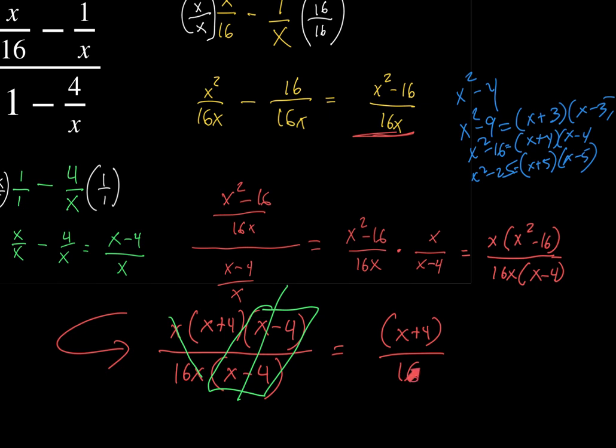The only way that this 16 could reduce is if there was also an even number in front of the x. If it was like 2x, well then these are all divisible by 2, I could reduce it by 2. Otherwise we cannot. At this point then that is fully reduced. This problem is complete.